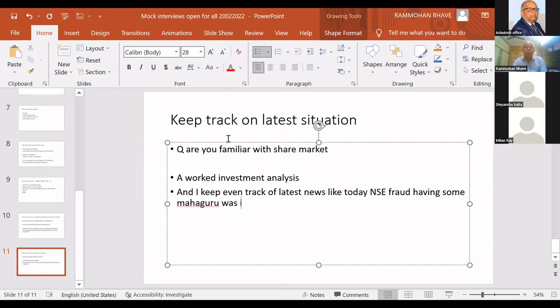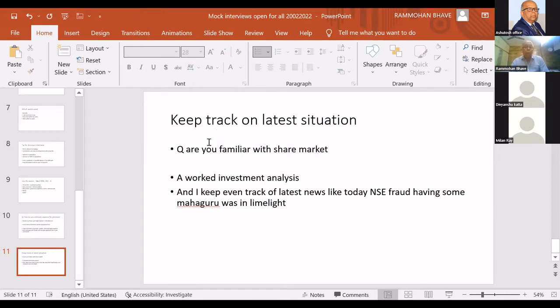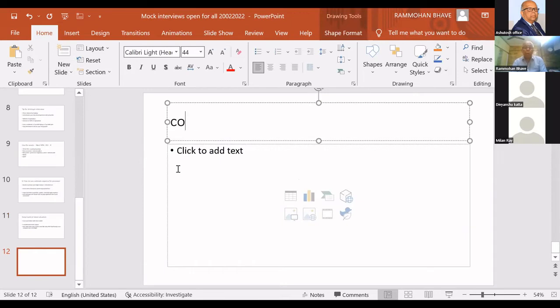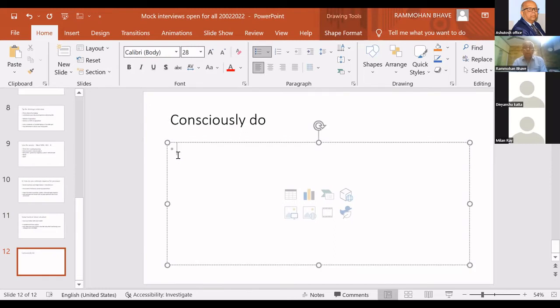You know, what are you showing them? That, you know, look, I am very up to date. So consciously keep track of latest trends or changes in job profile offered, job profile requirements.